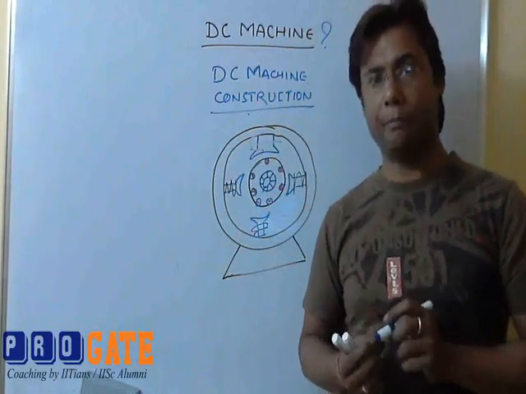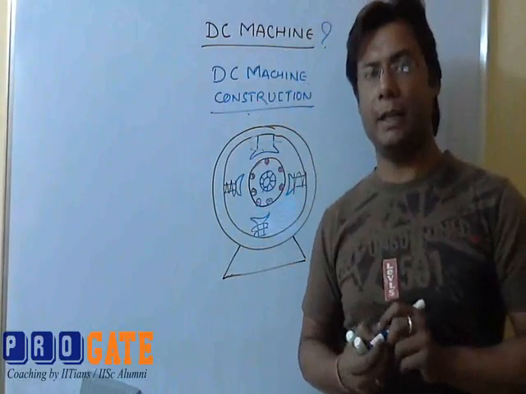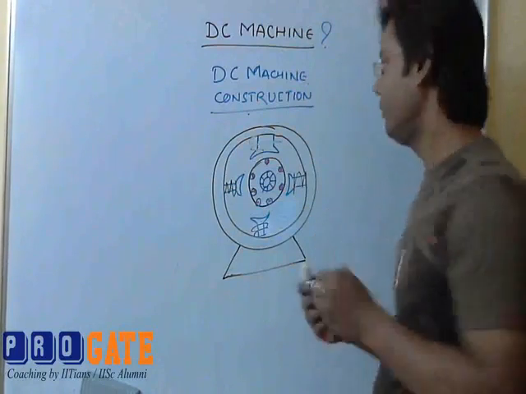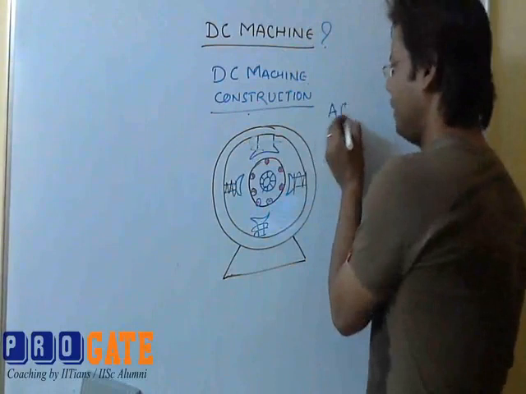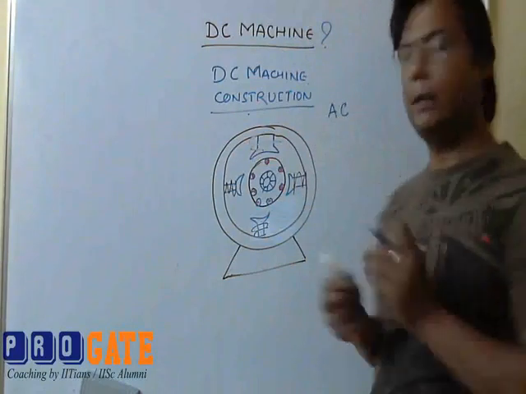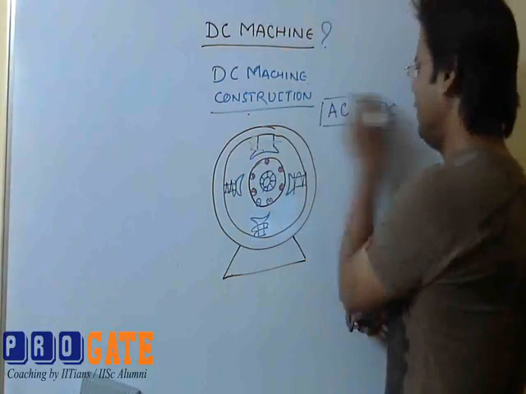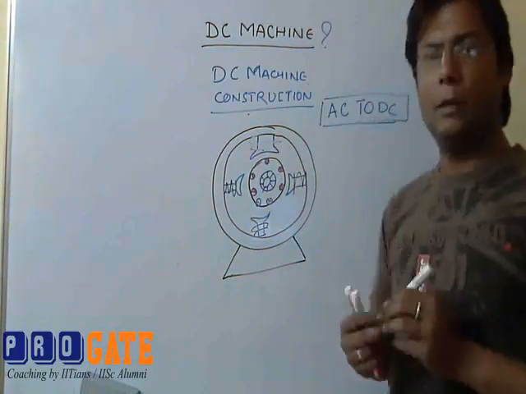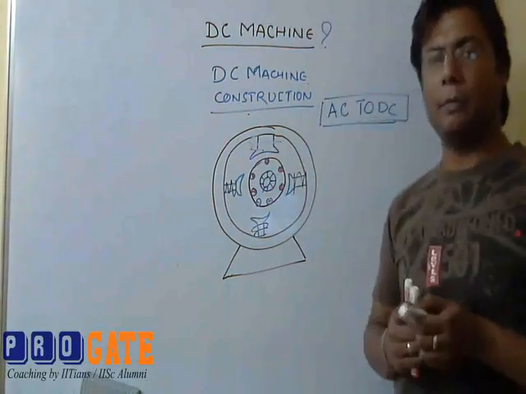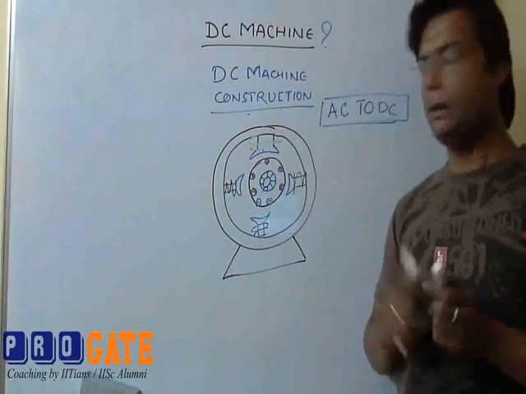In a DC generator, it serves the purpose of converting alternating current to DC. This is a very important point to remember for objective type questions.